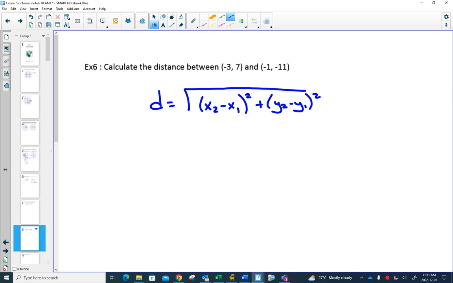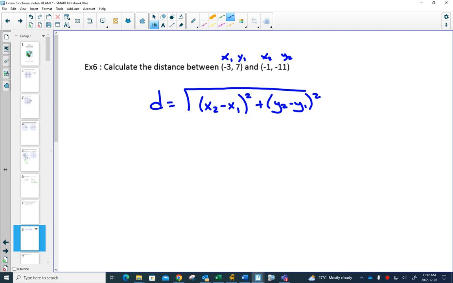And then choose one of them to be your first point and one of them to be your second point. It actually doesn't matter which is your first point and which is your second point. Most students will pick the first one, and above that I want you to write x1, y1, because that's your first point. And above the second point, I want you to write x2, y2.